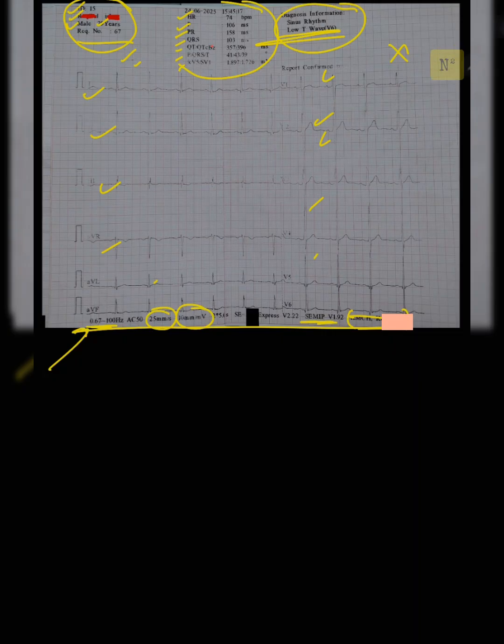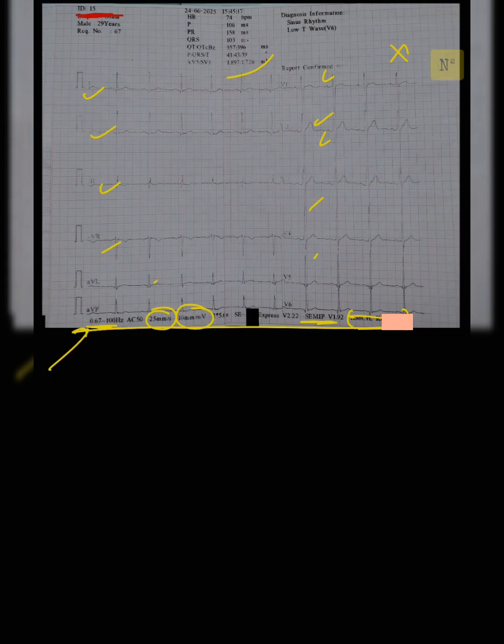So there was some error somewhere in the procedure. That's why the machine analyzed it, although it's a sinus rhythm, and showed us the low T wave. So that's why human involvement should be there along with your AI. Don't always rely on machines for your diagnosis.